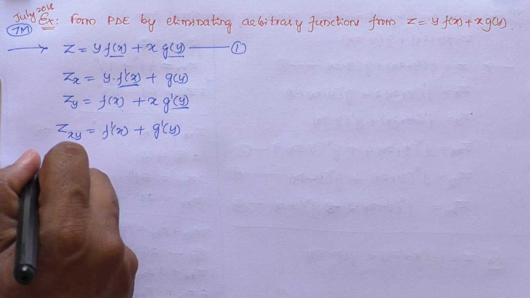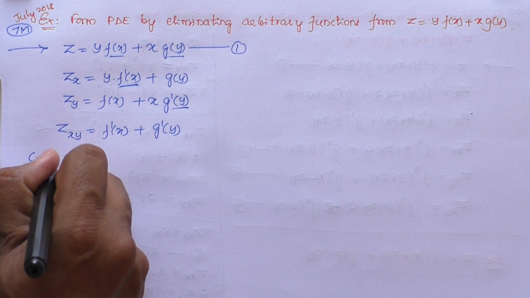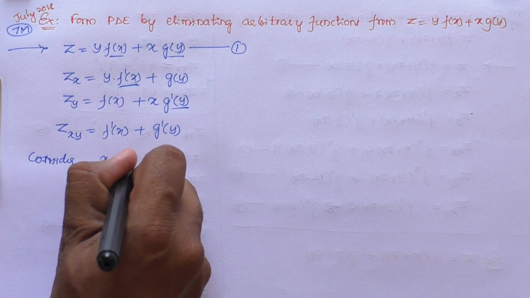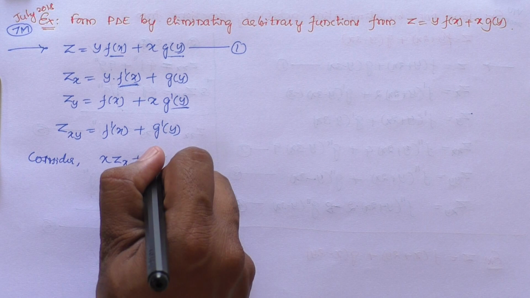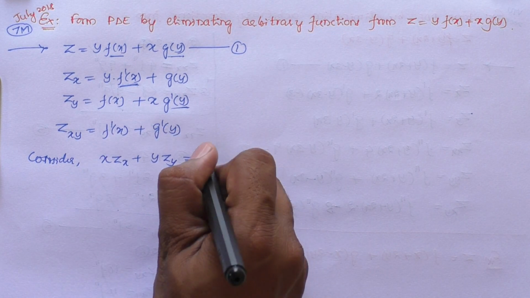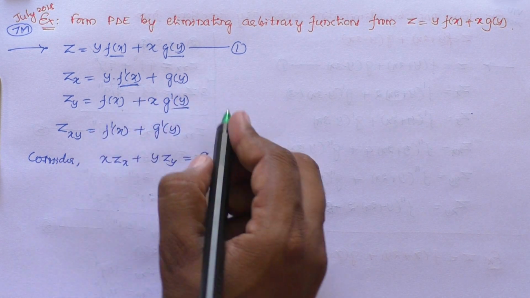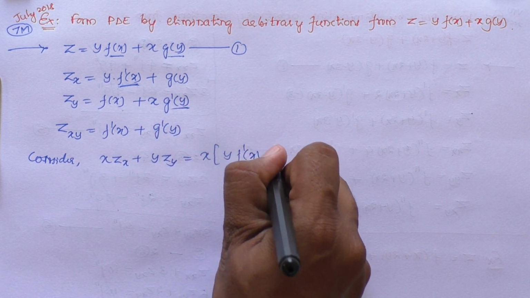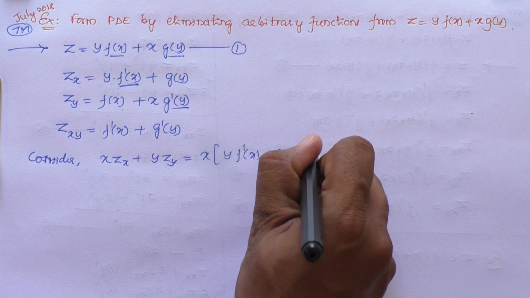So consider x zx plus y zy. Multiply zx by x: y f dash x plus g of y.